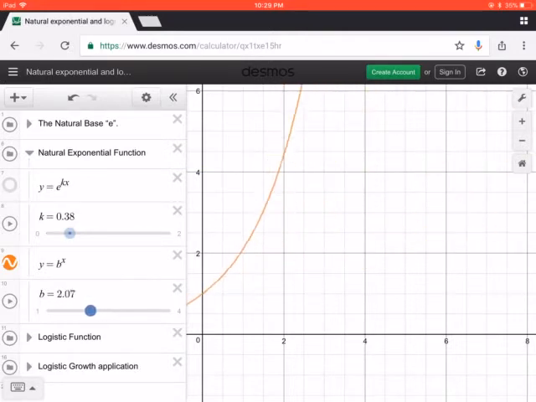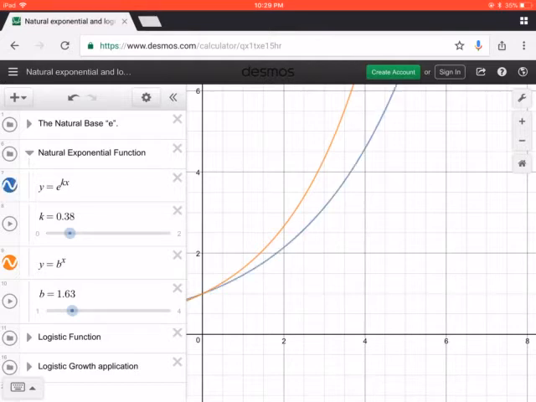It just changes. What's interesting is that with this natural base, we can have this single base E represent any other base by simply changing this value of k.